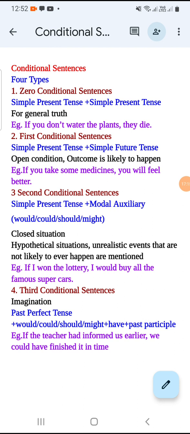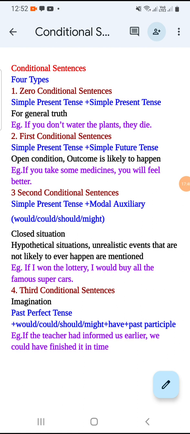For that situation, when the situation is closed, this second kind of conditional sentence is used. Hypothetical situations or unrealistic events that are not likely to ever happen are mentioned.